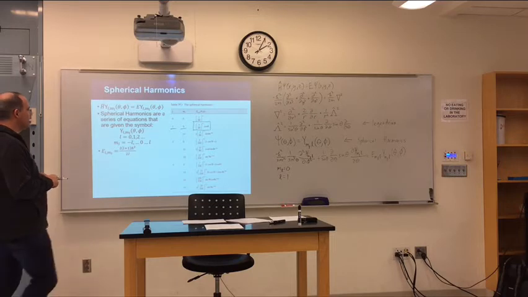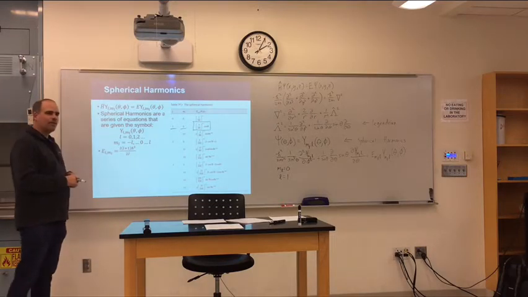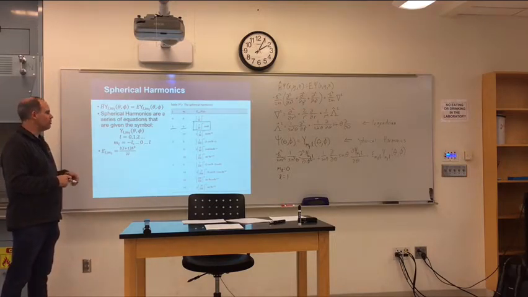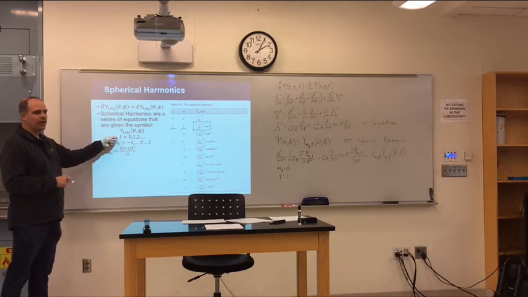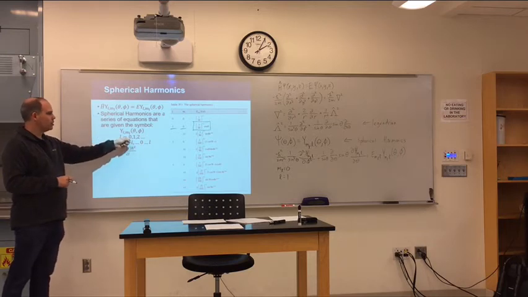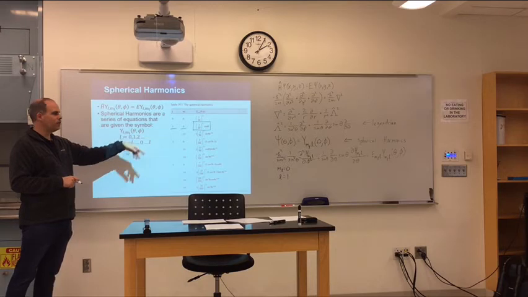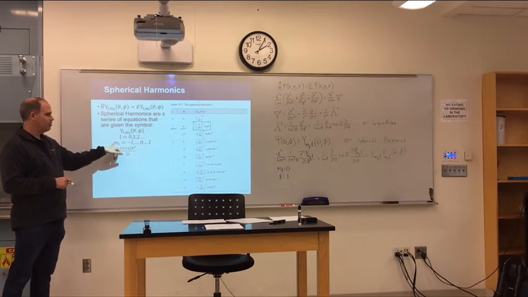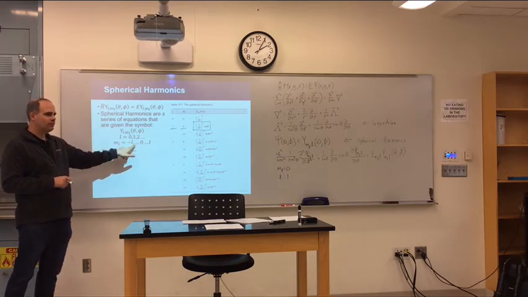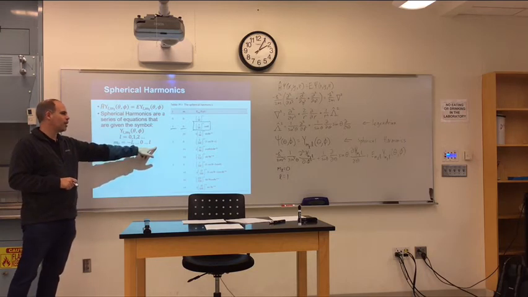Okay, the thing here though, and it might remind you of some general chemistry stuff. Your L value goes 0, 1, 2, 3, 4 by integers. ML value goes from negative L to positive L. We're starting to see where these are coming from.